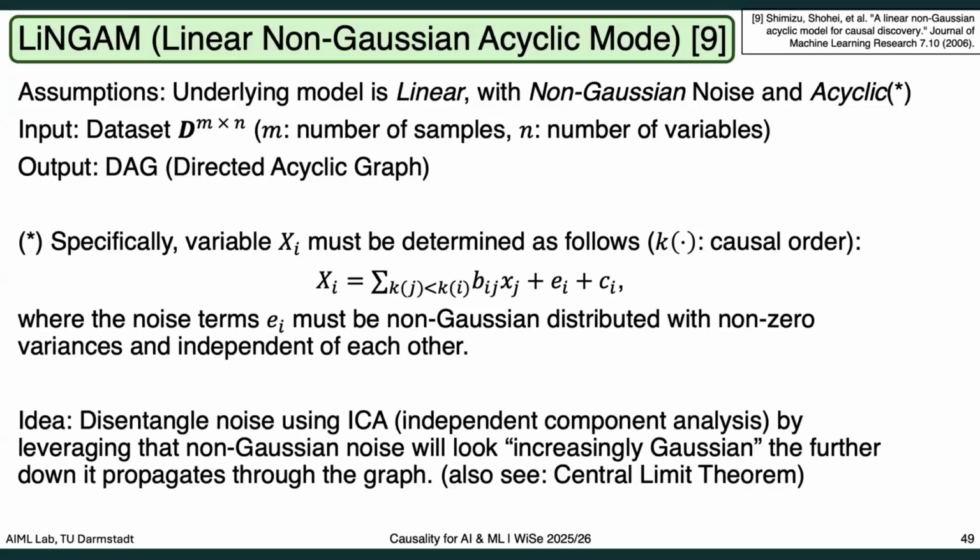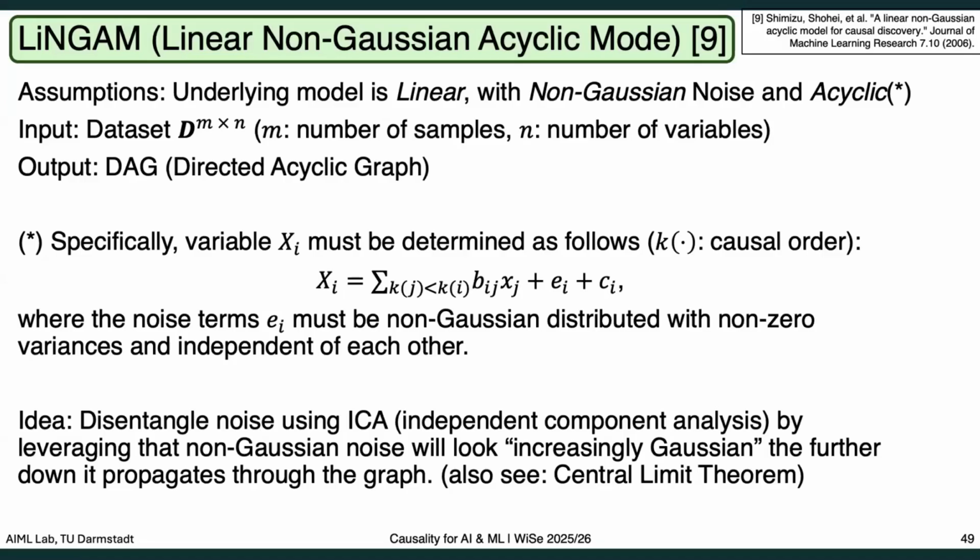But this can basically all be described by a single equation. The idea behind LiNGAM is to disentangle the noise using independent component analysis, and then leverage the Gaussianity of the noise, and in particular the central limit theorem, which says that if we have different distributions that are not Gaussian, but we add them up on top of each other, the sum of these distributions will look more and more Gaussian.